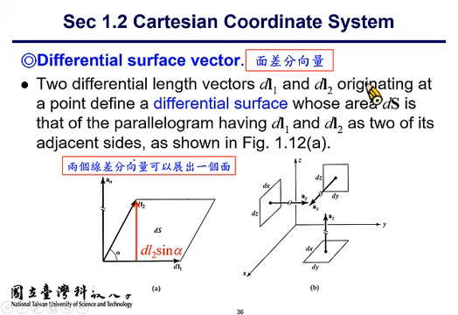And the size of this parallelogram can be described by the product dl1 dot dl2, and it ends up with what?